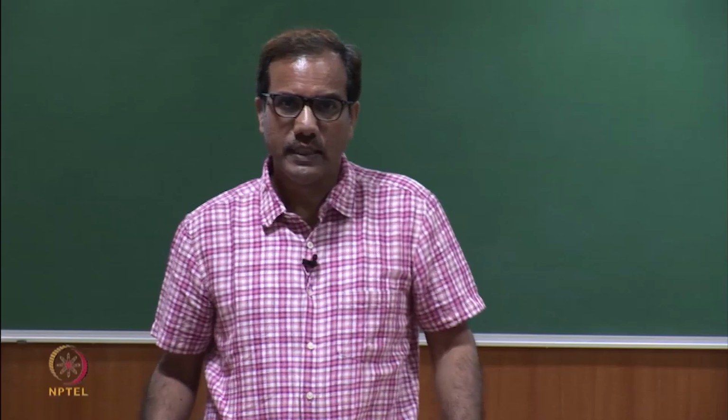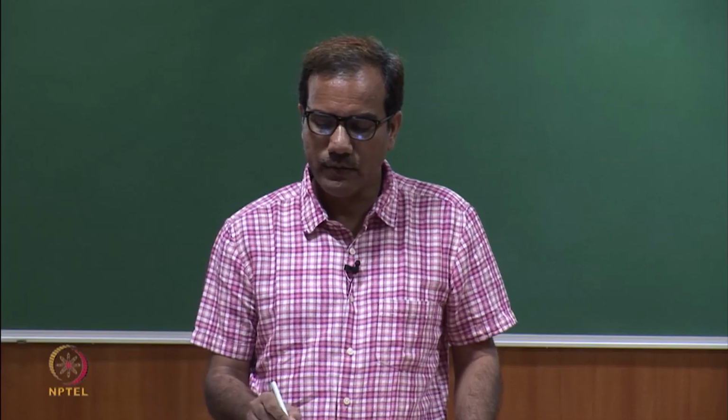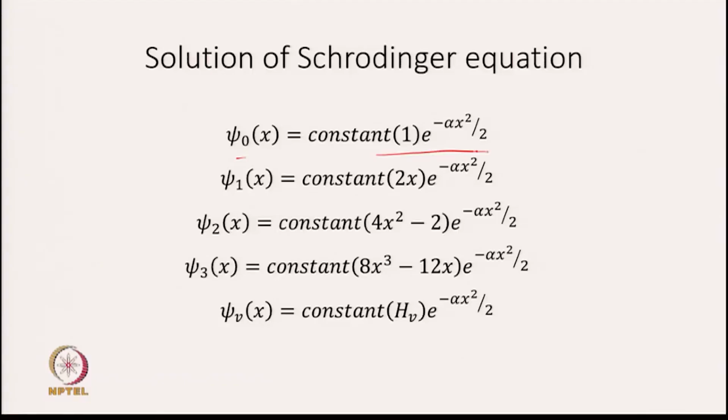So, what we have seen is the solution of the Schrodinger equation for different values of V. For V is equal to 0, it is simply a constant multiplied by exponential minus alpha x square by 2. If V is equal to 1, then your wave function is 2x multiplied by exponential minus alpha x square by 2.